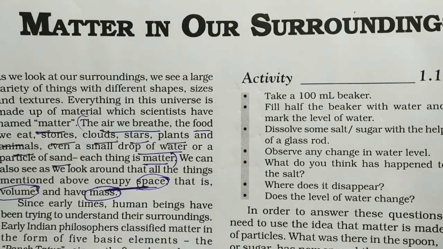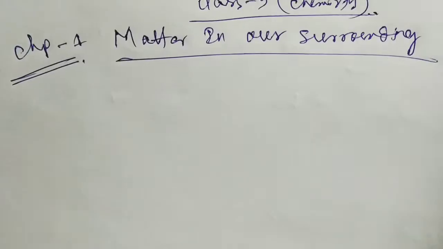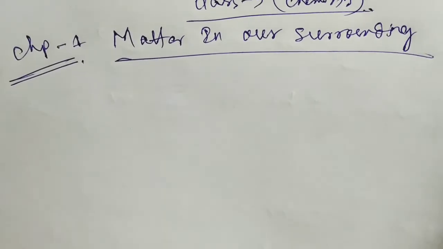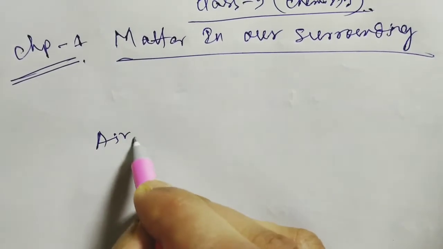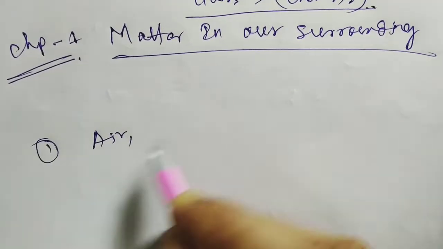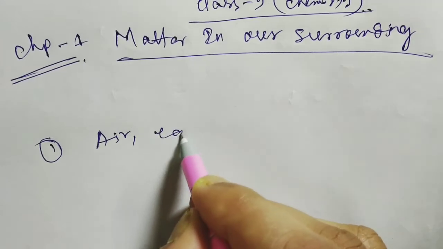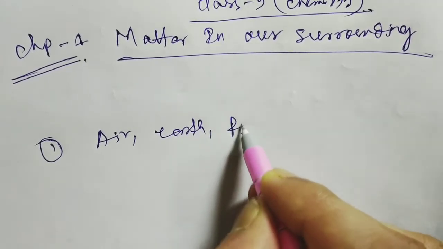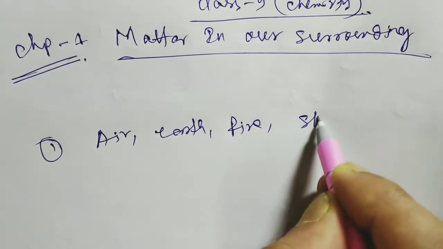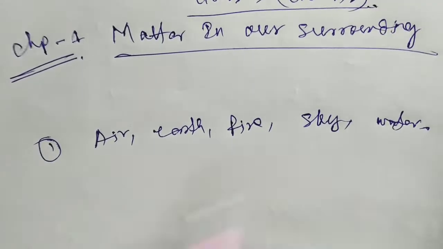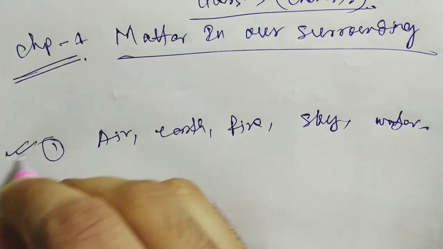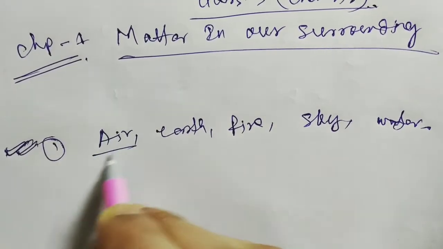Earlier Indian philosophers classified matter into 5 basic elements, that is air, earth, fire, sky and water.